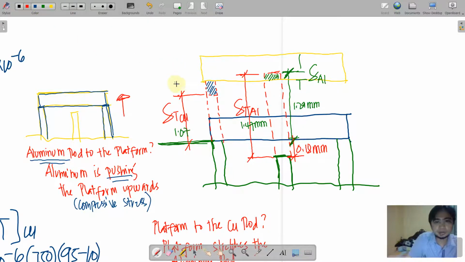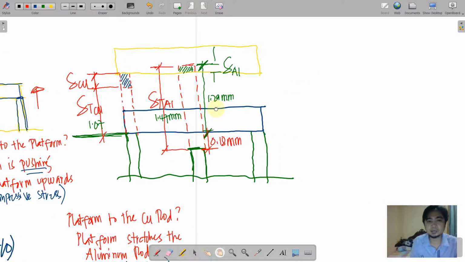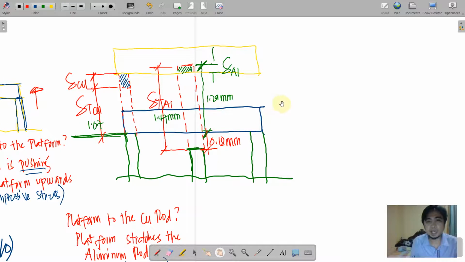So with that, we can indicate this dimension to be delta of copper. Okay? Now that we have established all the dimensions needed, remember that most problems in our subject rely on the three equilibrium equations and the geometry as well.